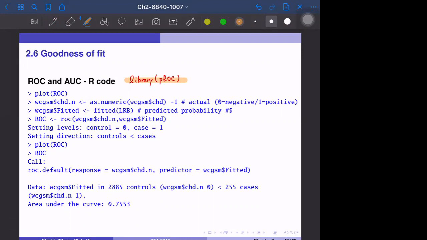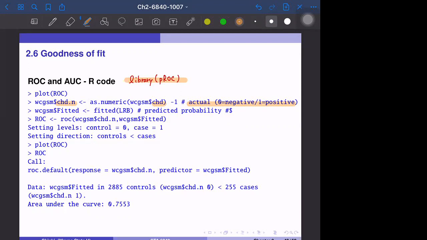And actually the last ROC curve was generated by R and calculated in this way. At first we think about the actual values. Actual is either 0 or 1, and it has to be numeric. Originally the CHD, the occurrence of heart disease, is either 1 or 2.